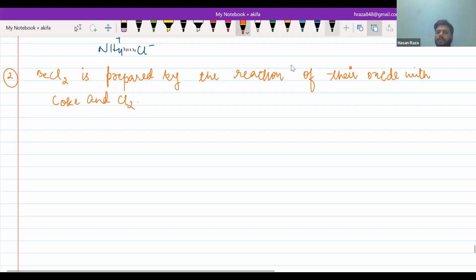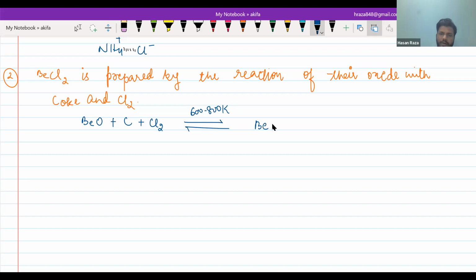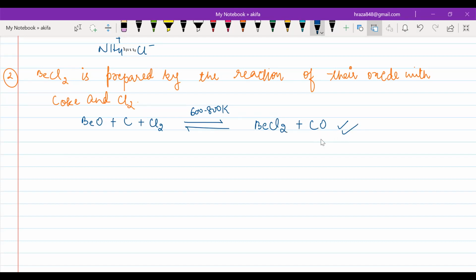It will give BeCl2. If we add beryllium oxide to coke and Cl2 at 600 to 800 Kelvin, it will be converted into beryllium chloride and CO, that is carbon monoxide. That clear? Yes. Okay, just write it.